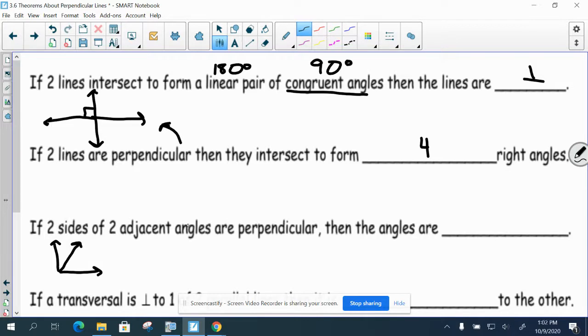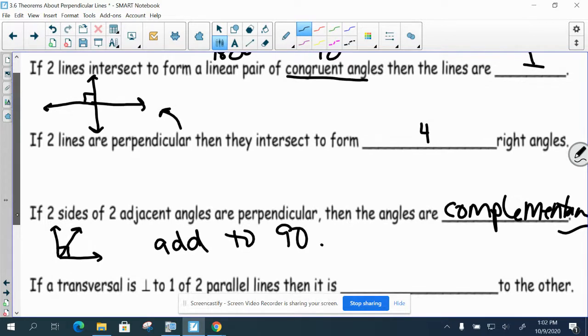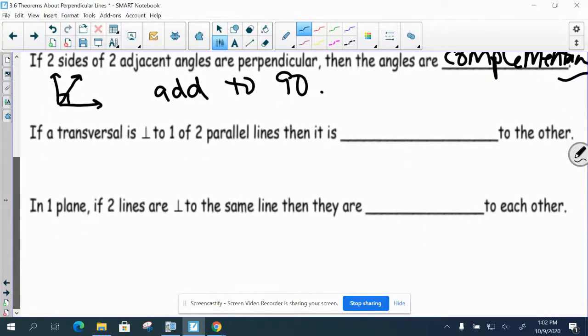So if two sides of two adjacent angles are perpendicular, so that just means this side and this side, then those two angles are complementary. Notice here we're not necessarily saying that these two angles are congruent. We're just saying that they add up to 90. Okay, seems pretty obvious.